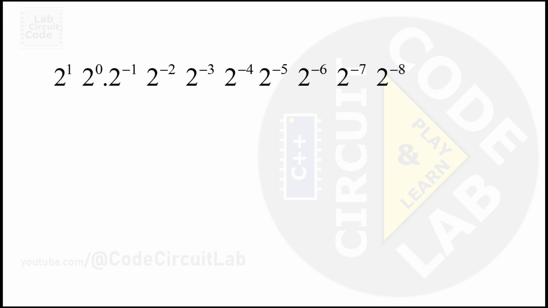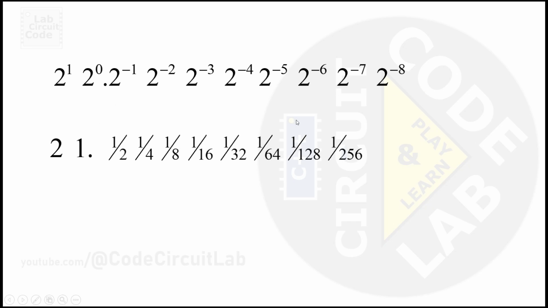On the fractional side, we also need to see how things work. For example, here we have 2 to the first power, which is 2, 2 to the 0th power, which is 1, and then we jump to the fractional part: 1/2, 1/4, 1/8, 1/16, 1/32, 1/64, 1/128, 1/256.